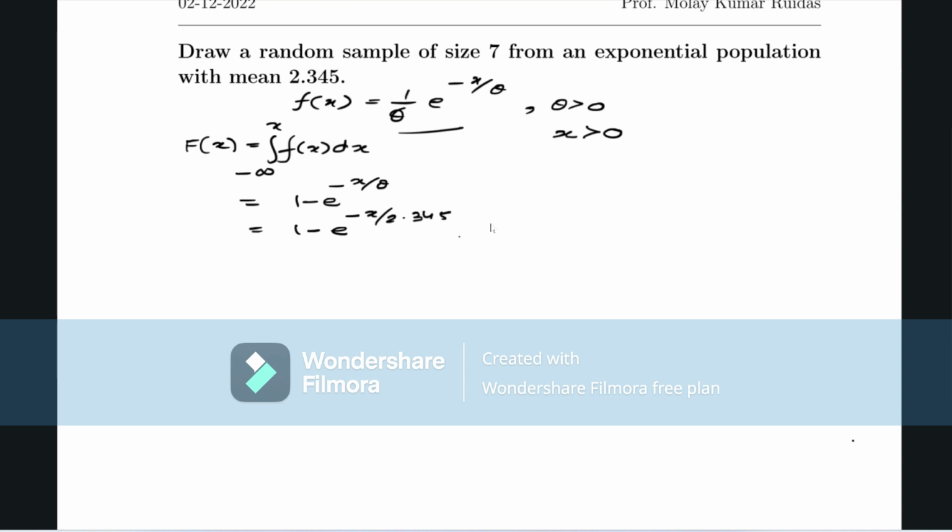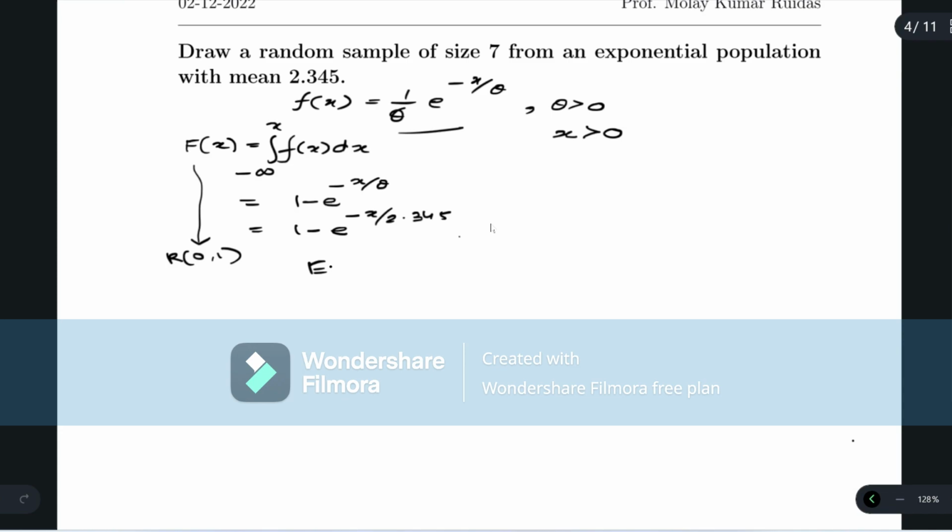Now we know the random variable of the CDF follows a uniform rectangular distribution with parameters 0 to 1.